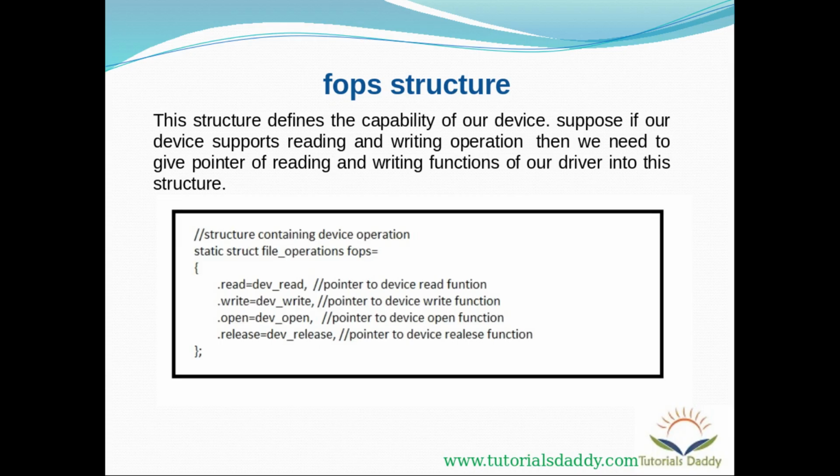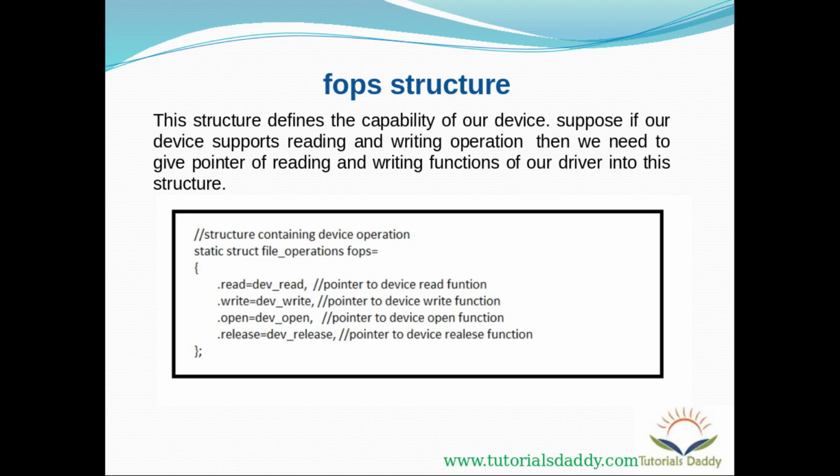Now let's take the example of a USB disk. A USB disk has to perform different operations. First operation is read. You should give reading access to the user so that the user can see the data present in the USB device. The second thing is write. Write function provides the capability to the user to write some data into the device.